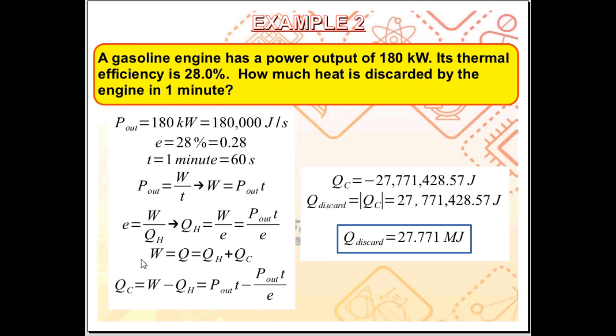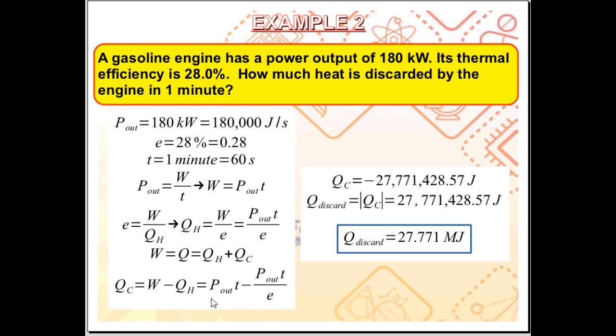Likewise, for a heat engine which involves a cyclic process, W is equal to Q, and Q is just equal to QH plus QC. Isolating QC, QC is equal to work minus QH, and QH is just equal to P out T divided by E, whereas W is equal to P out times time.